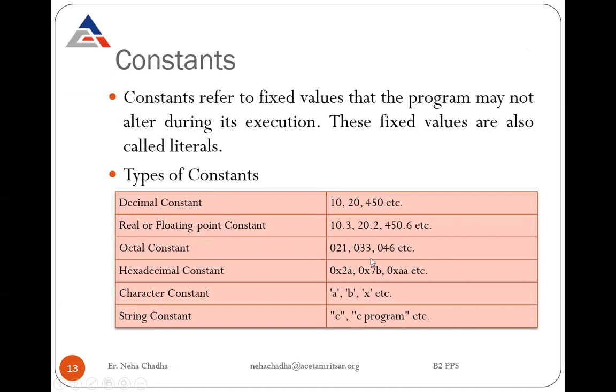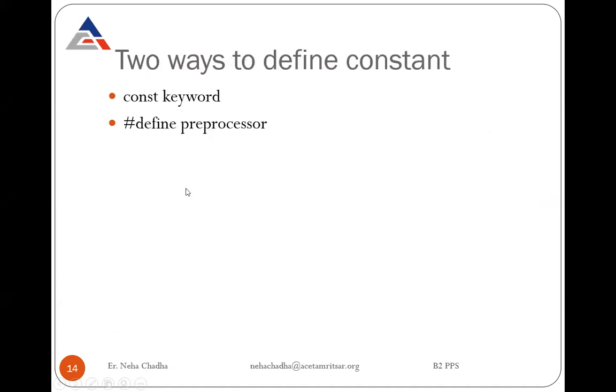When you are defining octal values, you will have to prefix them by 0. Then hexadecimal constants are there, character constants could be there, string constants could be there. That means you can make anything like your data type as a constant value. Then there are two ways to define constant here.